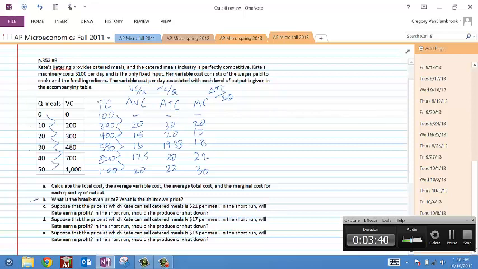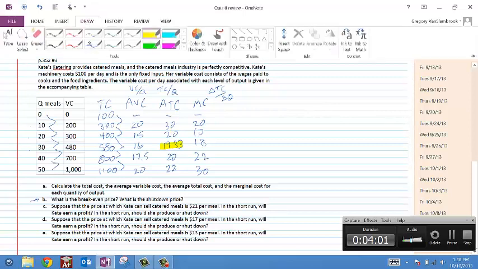Now to B, what is the break-even price? So remember that we are looking for the minimum average total cost for the break-even price. So we just scan down the average total cost column for the lowest one, and it's 19.33. So the break-even price is 19.33.